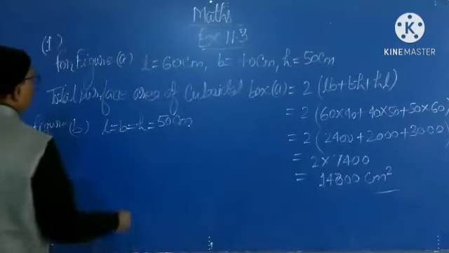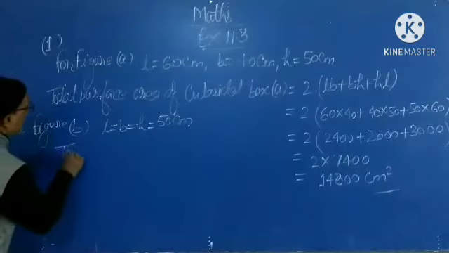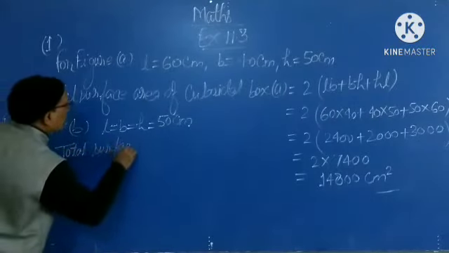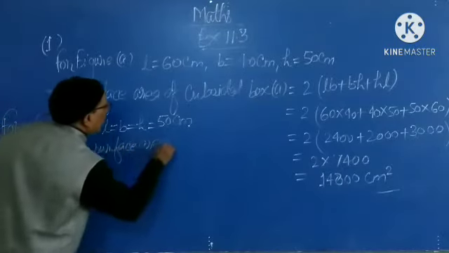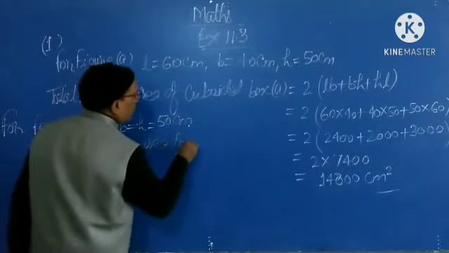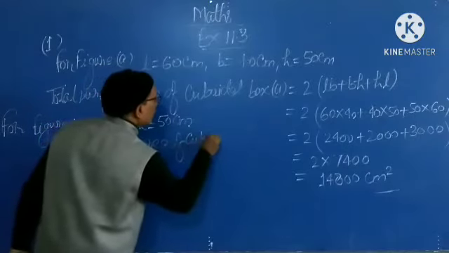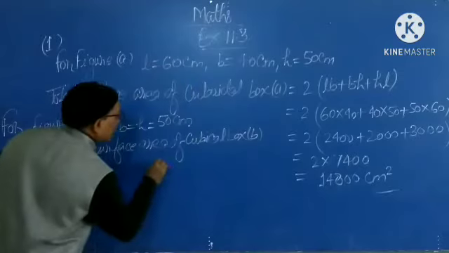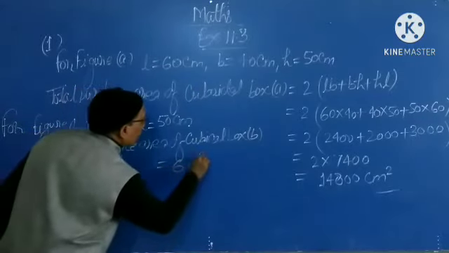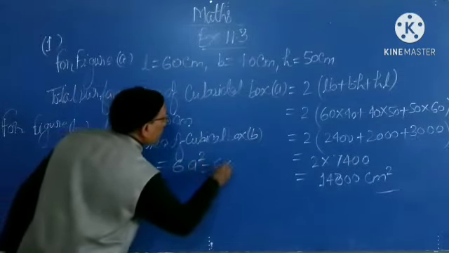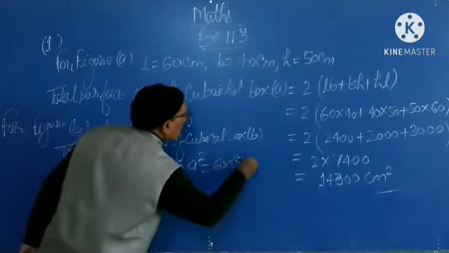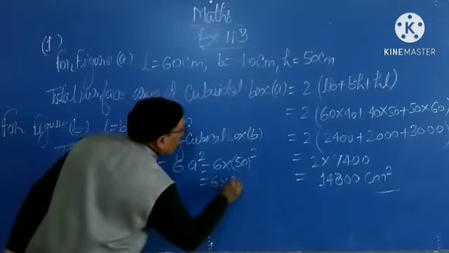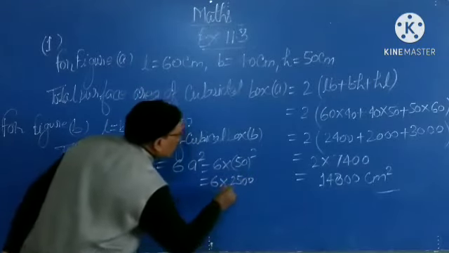Then you find out total surface area of cubical box B is equal to 6a square, that is 6 into 50 square, that is 6 into 2500.